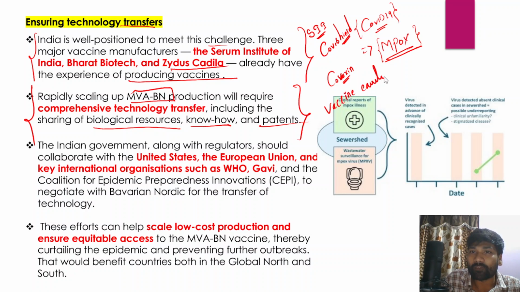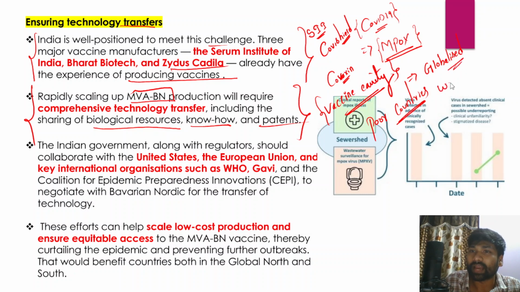We have all been trying to achieve vaccine equity, and vaccine equity is very important because it would benefit the poor and underdeveloped countries across the world. Remember that we are living in a globalized world, right? Since we are living in a globalized world, it is very important that everyone is vaccinated.